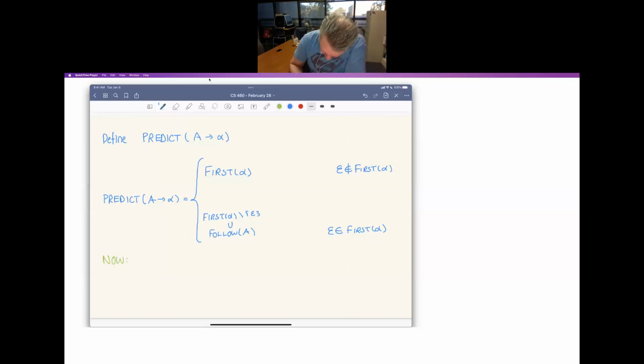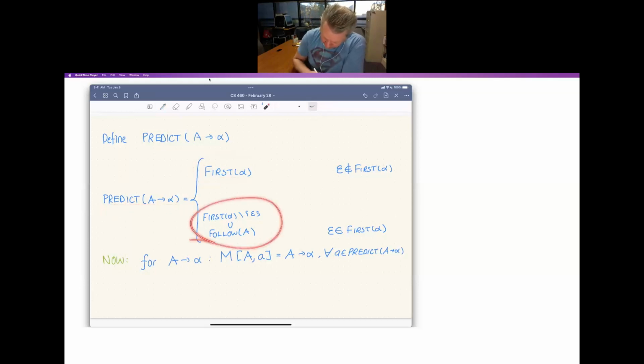Now, we can simply say for A goes to alpha, M of A comma a is A goes to alpha for all a in the predict set of A goes to alpha. Because whatever this comes out to be is either this or that.